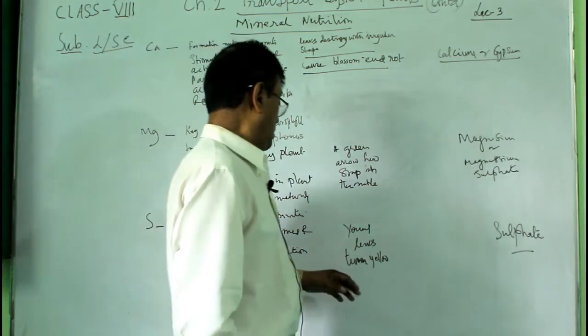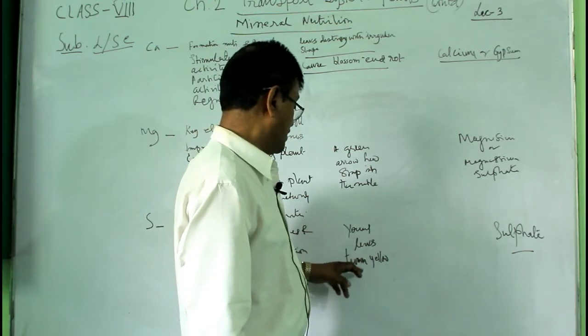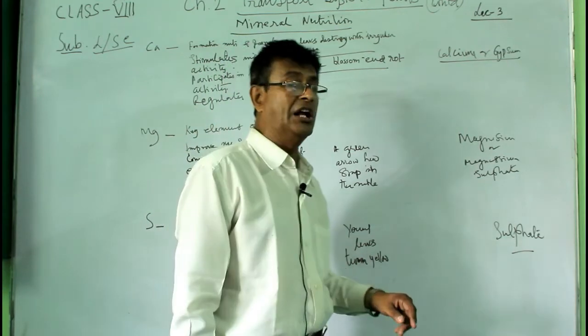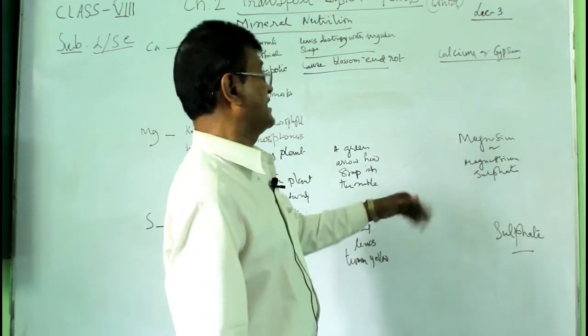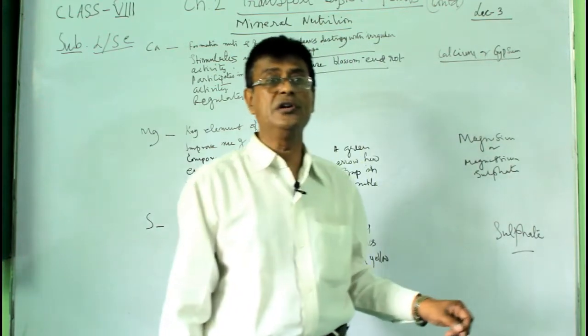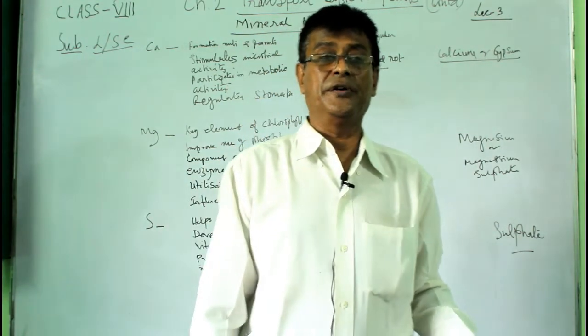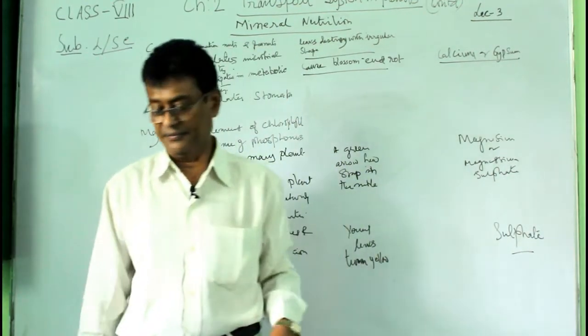Well, what is the deficiency? What happens? The young leaves turn yellow. And what is the remedy? The remedy is to put sulfate. So, if you put sulfate, then it will be done.